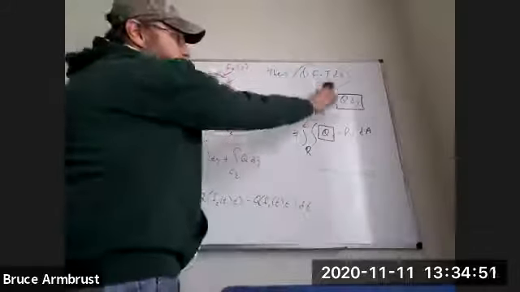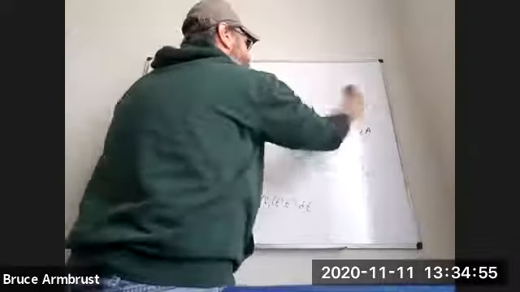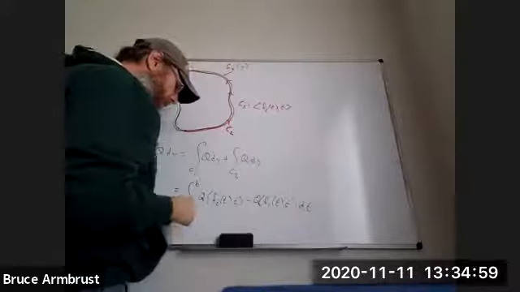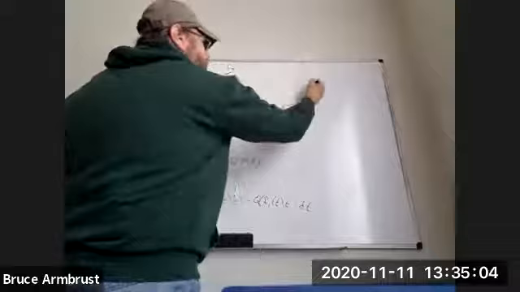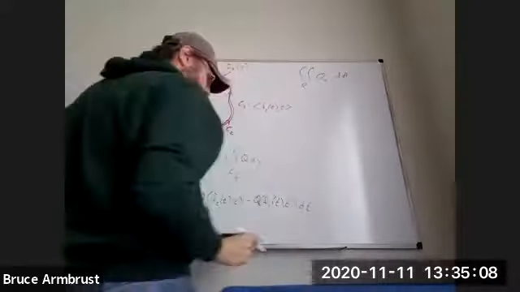I'm going to erase green serum. I'm going to put it back up in a second. I need the space here. But now what I want to look at is the double integral over this region of the qx dA.